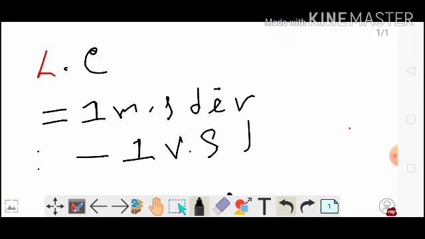Now the one main scale division is, as I just calculated, 1 mm, and one vernier division is equal to 9 by 10 mm. So that makes the difference 1 by 10 mm for these vernier calipers.